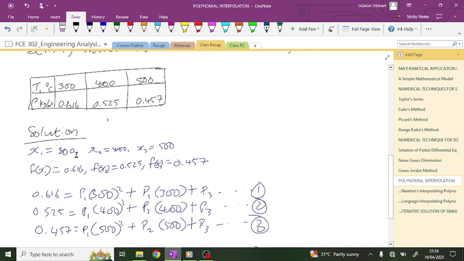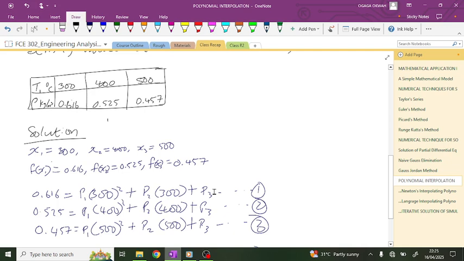So the first one we are dealing with is x1. So this first equation is f of x1 and x1. So f of x1, look at it here, x1 squared, x1, then no x1, or x1 is power 0.